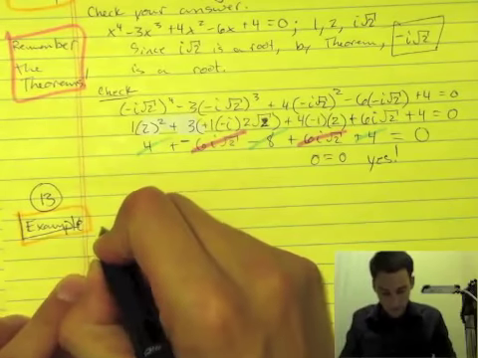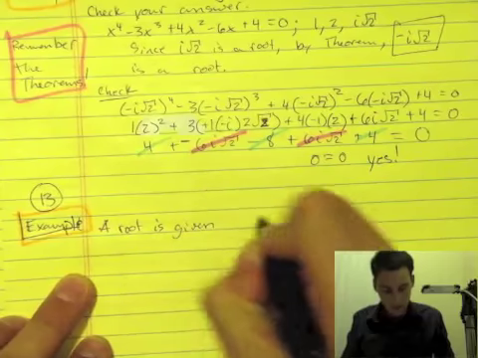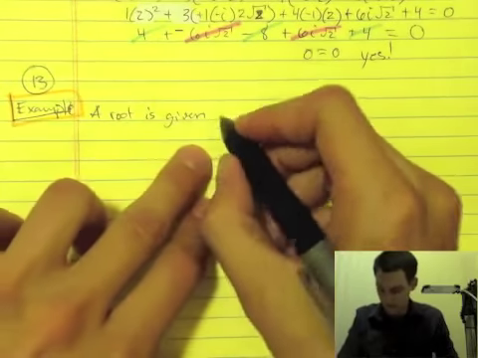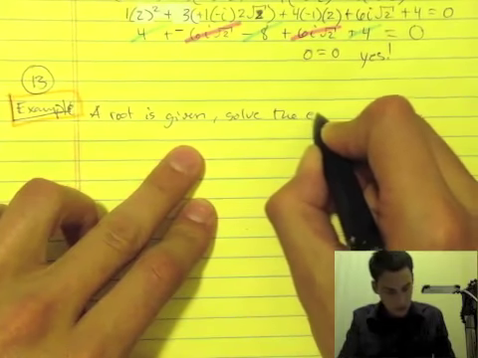13! Okay. A root is given. These are the instructions. A root is given. Solve the equation.